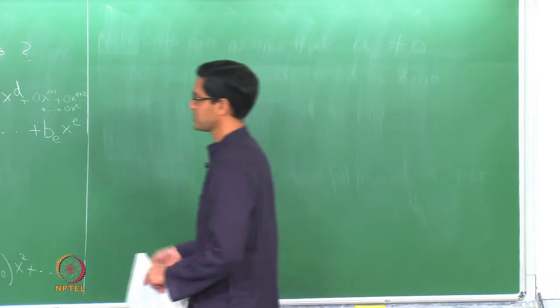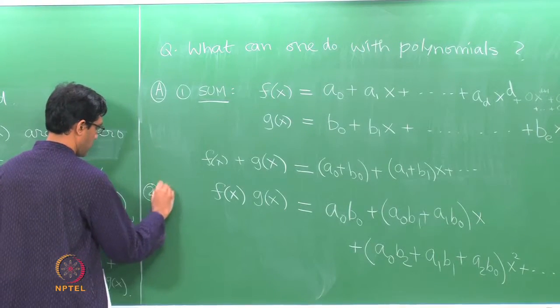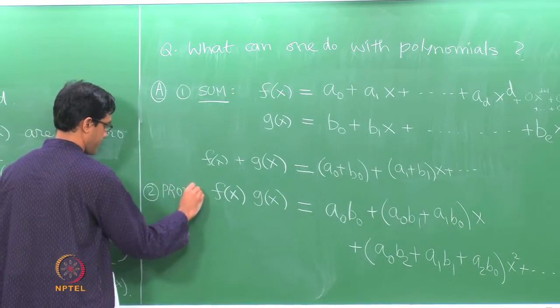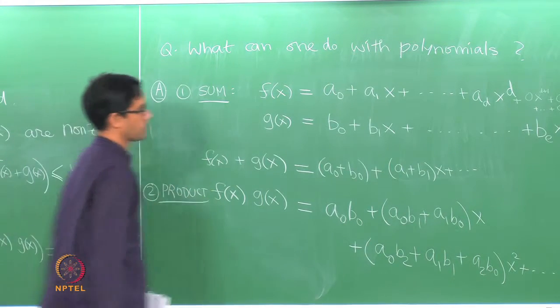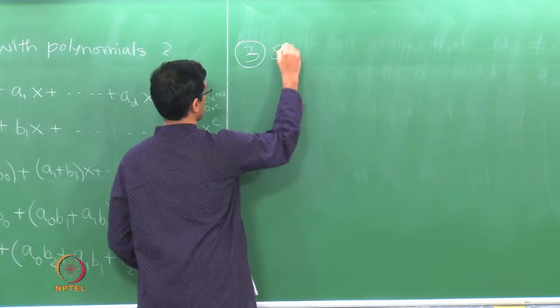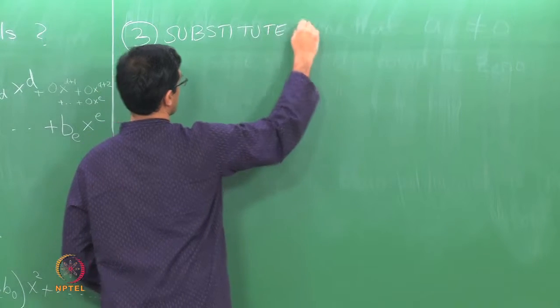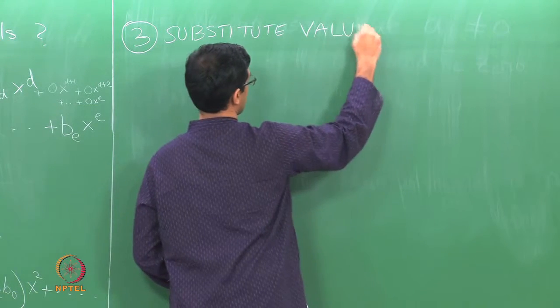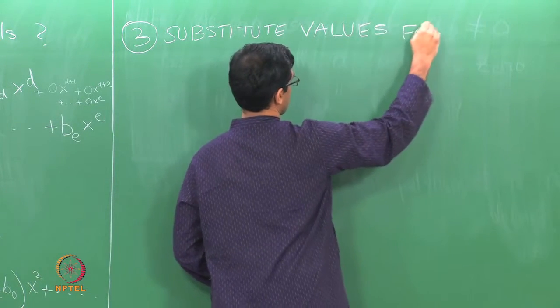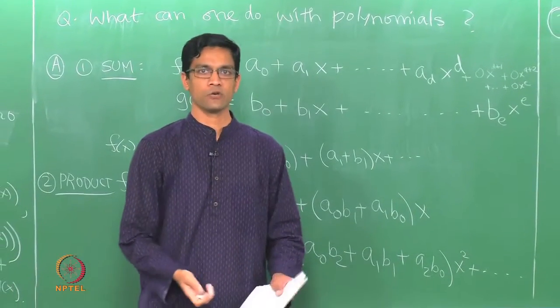One other operation is you can substitute. The third thing you can do with a polynomial is to substitute values for x.